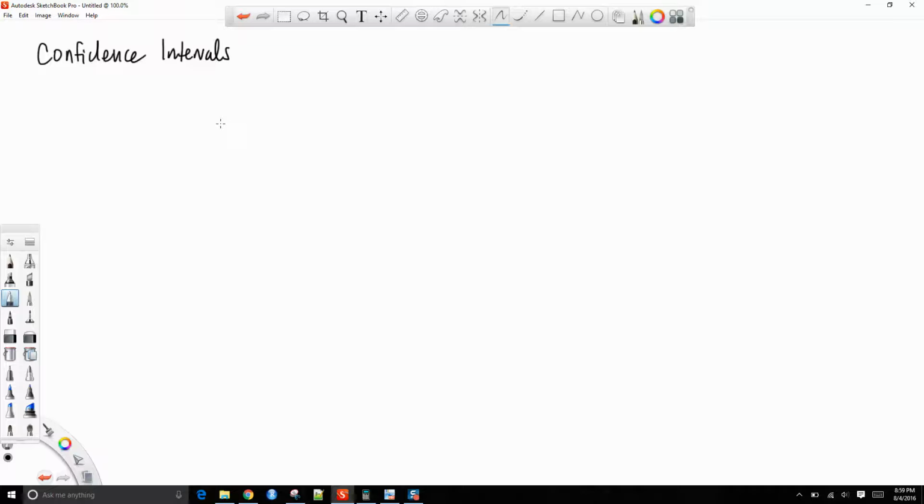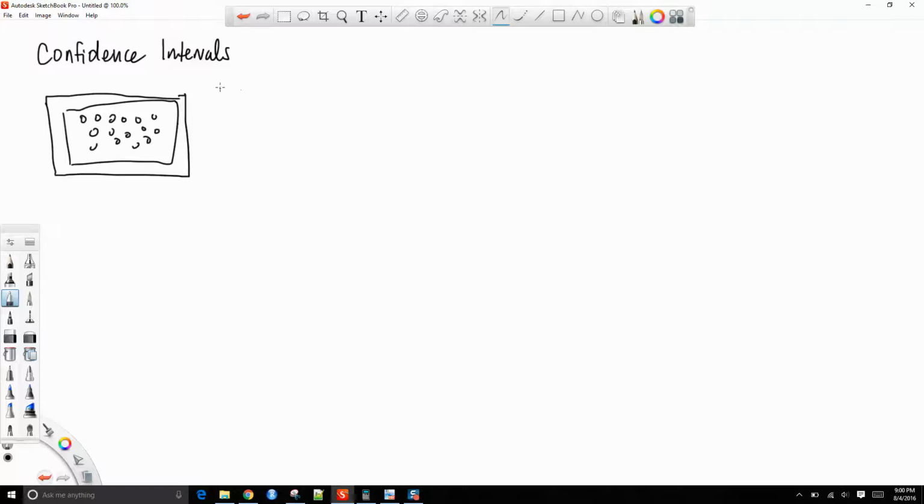Okay, so the idea behind a confidence interval. Let's say I have a new tank here, and in this tank, I've got M&Ms. Lots of M&Ms. And this time I haven't counted them out.